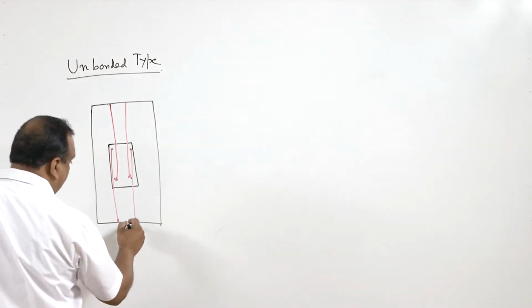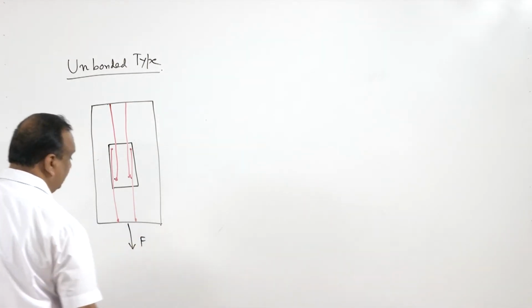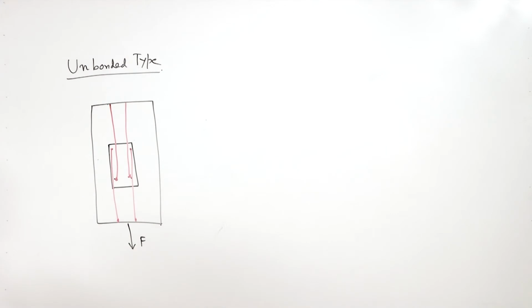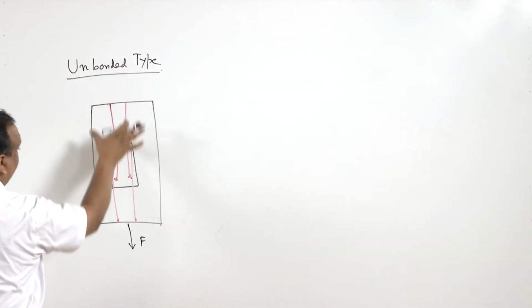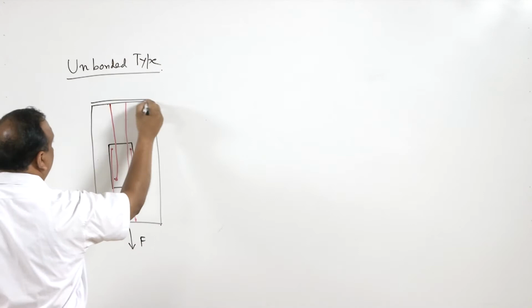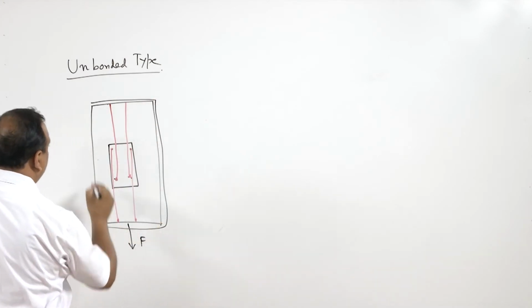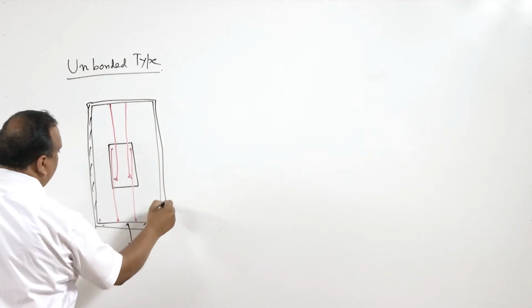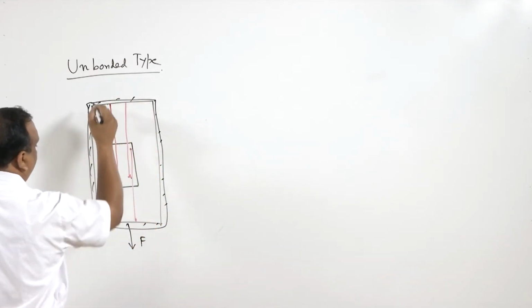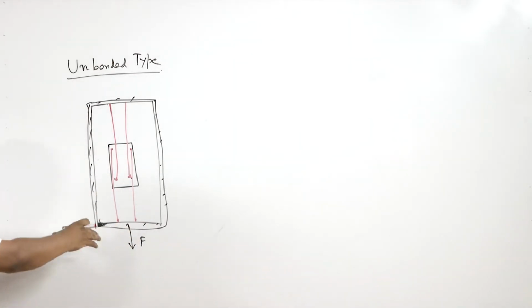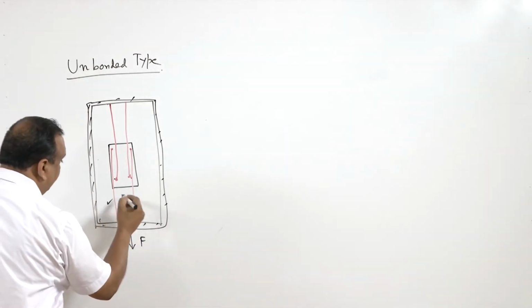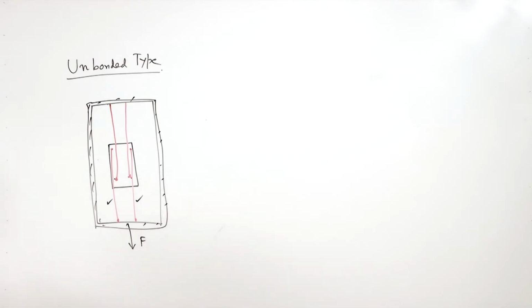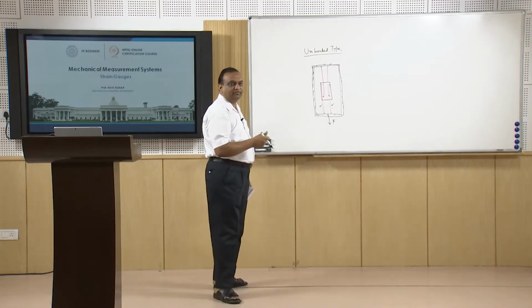Suppose force F is exerted in this direction and displacement takes place. This is a moving frame, and it will move in this downwards direction. The stress in these two wires will be released because they are pre-stressed, like the spokes of a cycle wheel.